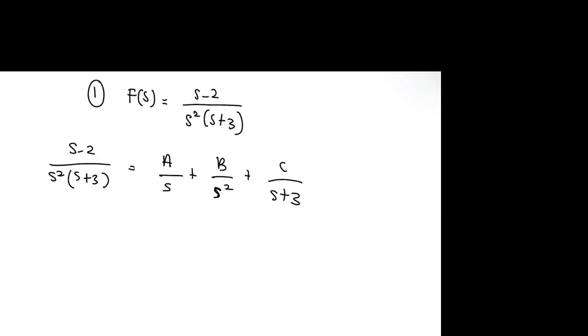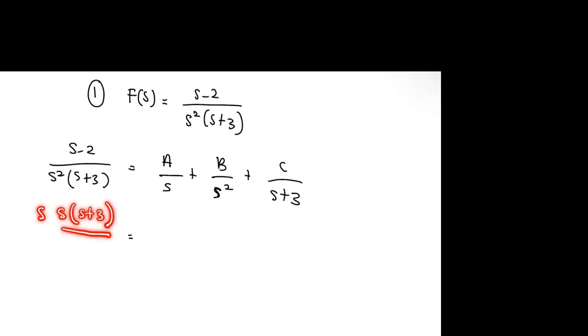So this one, okay, check for A. You have A over s. You already have s, so compare with this one. What you have is already s. What you don't have is s plus 3. We only have s, so we don't have s times s plus 3.